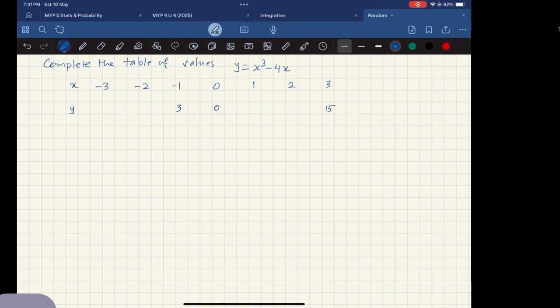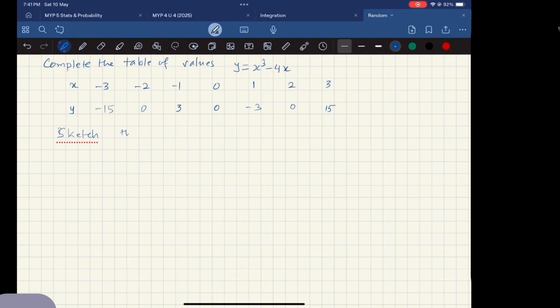For y: -15, 0, 3, 0, -3, 0, 15. Okay. Both of you are getting the same thing? Did you use the calculator or without calculator? With. Very good. Now, can you try to sketch the graph?